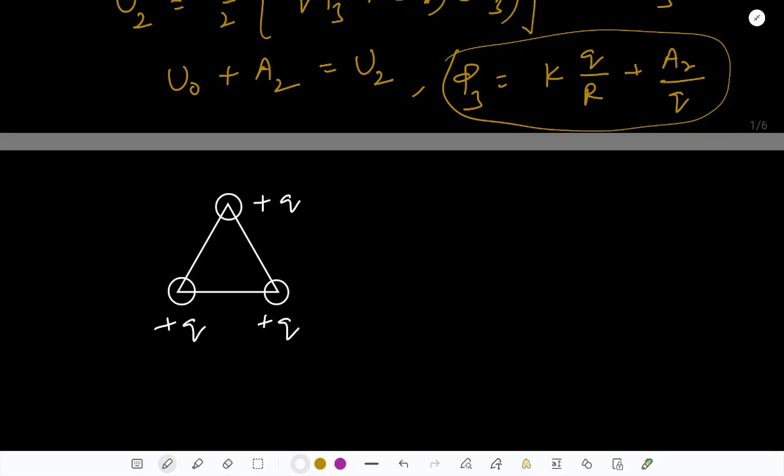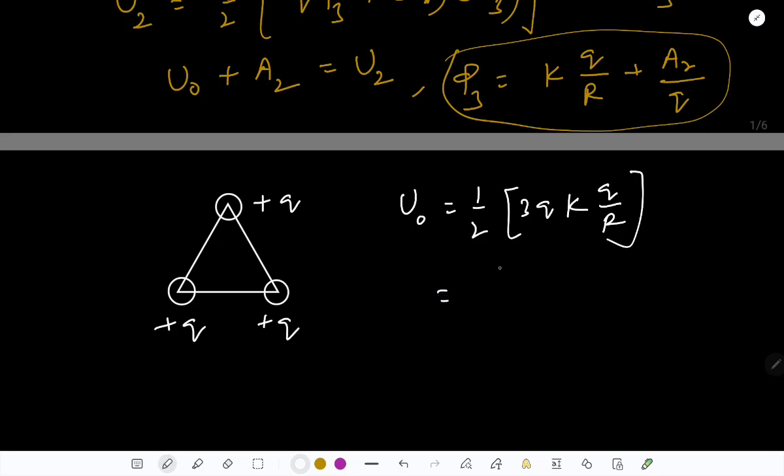So I can write the initial electrostatic energy simply as U naught is equal to half, and all three charges 3q, and at each of the surfaces the electric potential was kq by r.